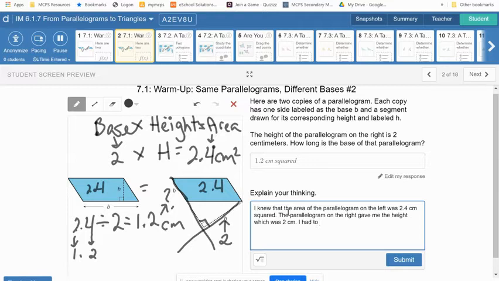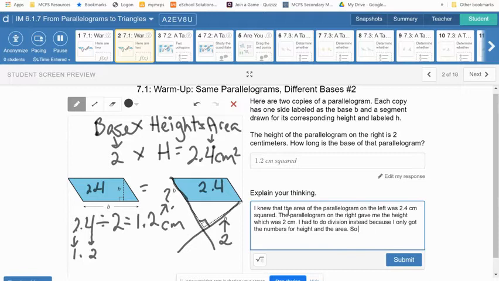I had to do division instead because I only got the numbers for the height and the area.